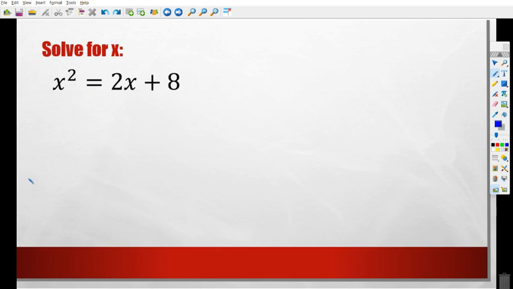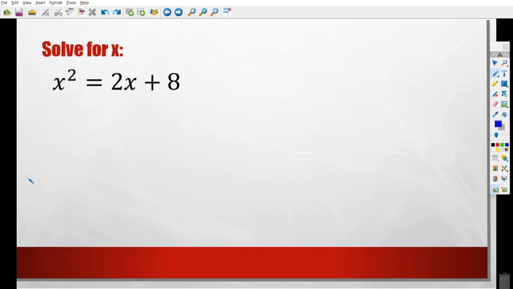So firstly, I've got another clue here. Remember in the beginning of this video, I said I'm going to end up with a trinomial or a common factor or something. How do I know immediately that this is a quadratic equation?